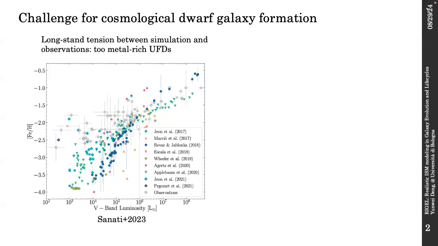These dwarf galaxies are located in the lowest mass dark matter halos, and the gray crosses here are the observations, and the colorful dots are various numerical simulations. And you can see for the smallest dwarf galaxies, especially those with halo mass less than 10 to the 9 solar mass, the observed metallicities are significantly higher than what simulations predicted. Up until 2023, no simulations have successfully explained this discrepancy. However, we have some possible solutions.